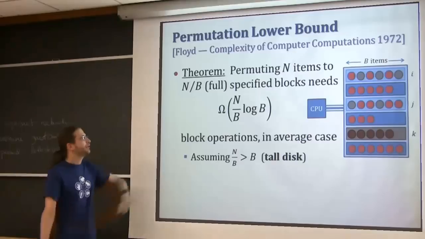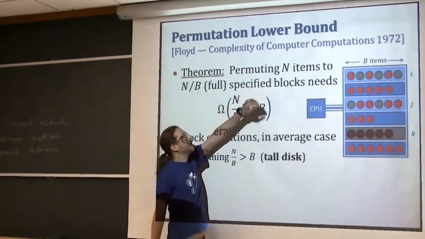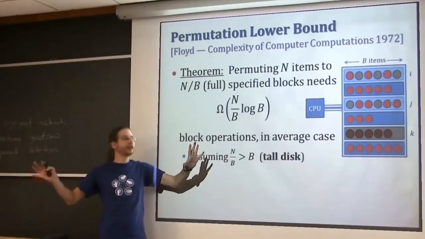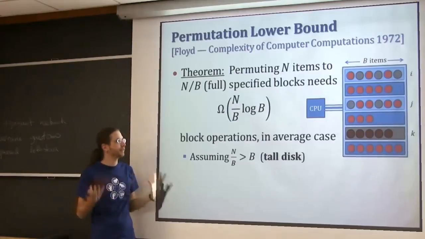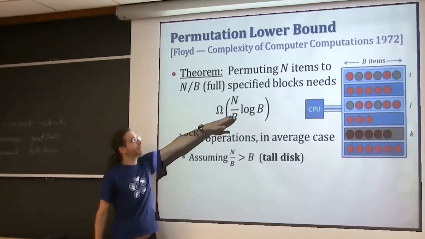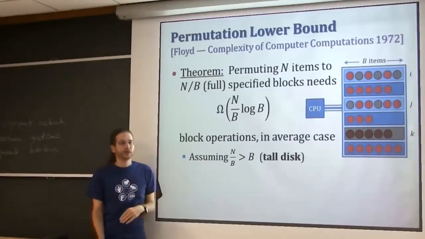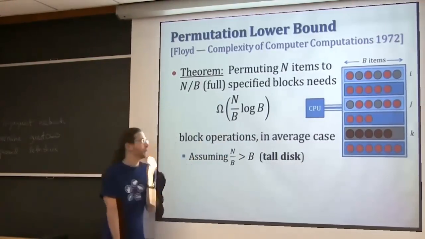So here's the main theorem of that paper. If you're given n items and you want to permute them into n over b blocks, which means each of those blocks is going to be full, let's say that's sort of the most interesting case, then you need to use n over b log b block operations, even for a random permutation on average, or with high probability.